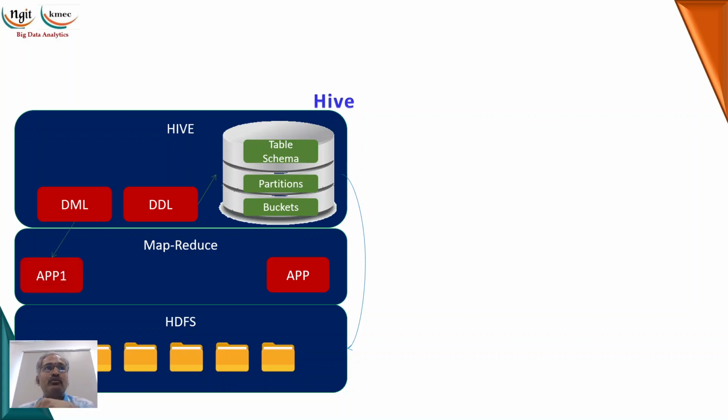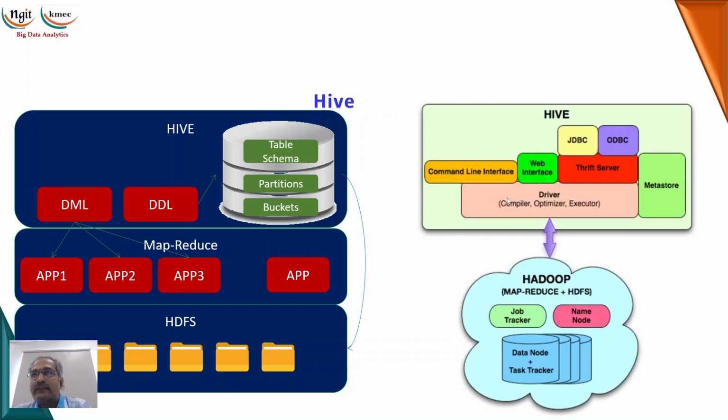In the DML, whenever you write a query, it will be converted into MapReduce applications. The data is available in the HDFS, so the equivalent MapReduce applications will access the data in the HDFS, retrieve it, and the result will be given back to the user interface.